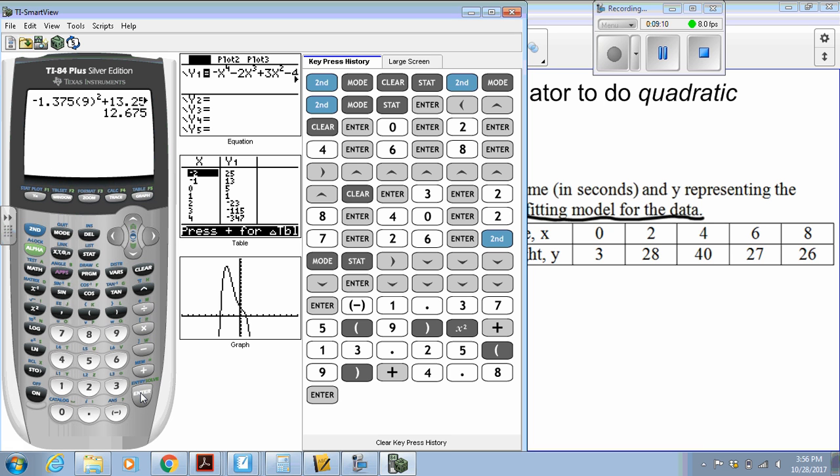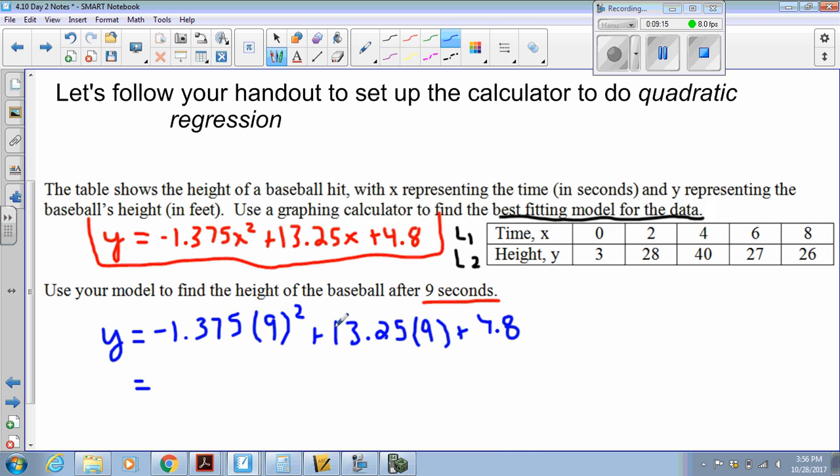Press enter, and then you should get your answer. So this means that it says use your model to find the height of the baseball after 9 seconds. So after 9 seconds, the height of the baseball is 12.675. Now make sure you use labels, and because we're thinking of feet, we're going to put feet here. And so this would be our final answer here.